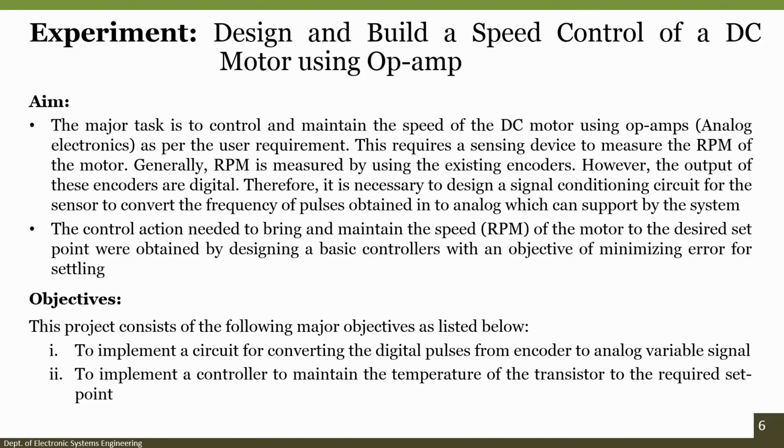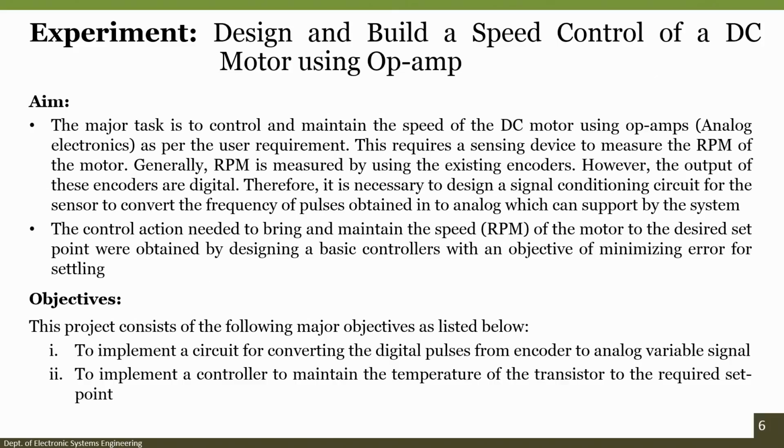The major task of this case study is that first we will develop the signal conditioning circuit that is required for a sensor to convert the digital pulses into an analog output and to map the output of the encoder to the input of the set point.